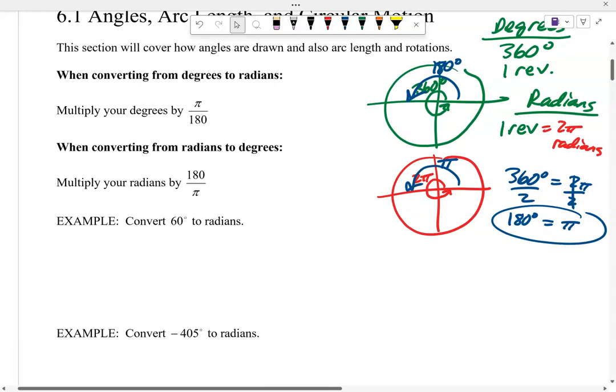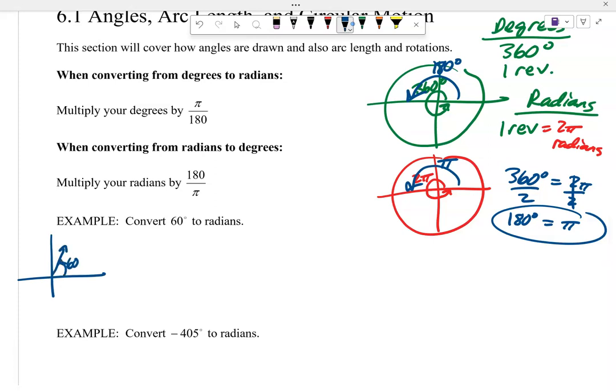So here's 60 degrees. If I'm going to convert that to radians, I'm going to multiply it by pi over 180 degrees. And notice that my degree units cancel.